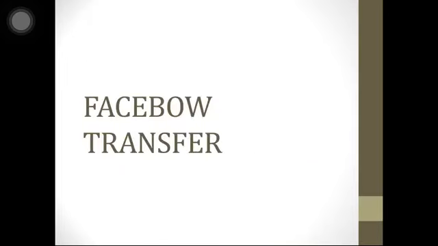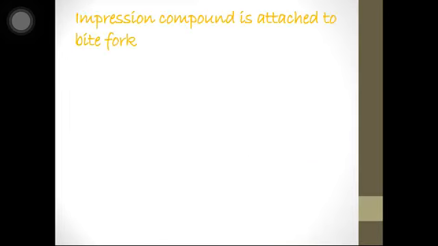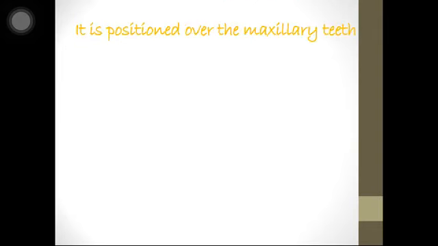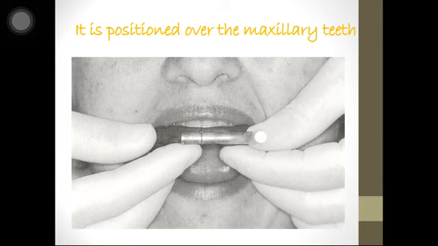So moving on, how to use the face bow. First of all, the position of the maxilla is recorded over the bite fork with the help of impression compound. This is the bite fork, and over this a heat softened impression compound is loaded, and then it is positioned over the maxillary teeth.